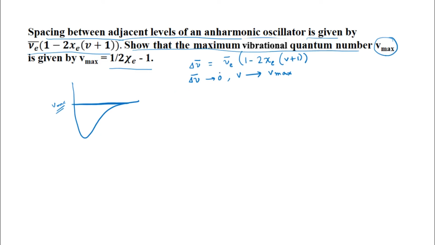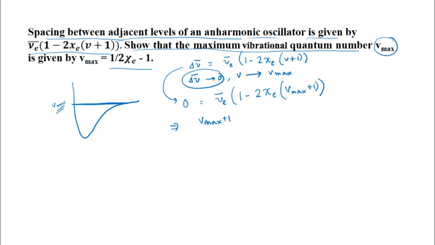So, when delta nu bar approaches 0, this expression we can write 0 equals nu bar E times 1 minus 2 chi e, then I can write V max here plus 1. In other words, I can write V max plus 1 equals 1 by 2 chi e. This is because the left hand side is 0.